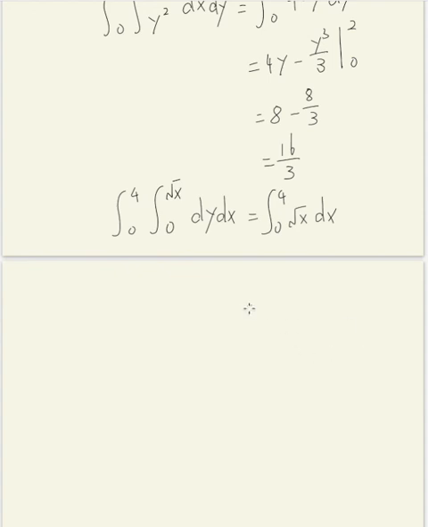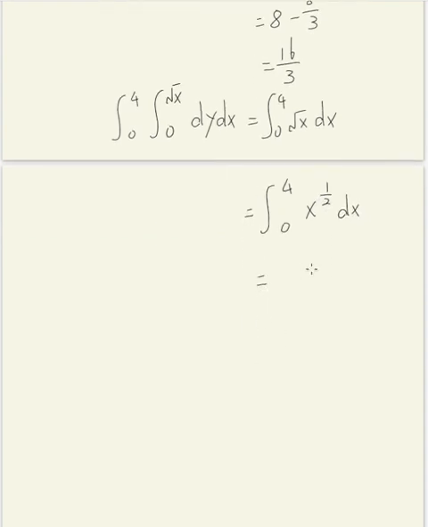But writing square roots as an exponential with the exponent 1 over 2 is really helpful. So it might be beneficial to write this as the integral of x to the 1 over 2 dx. Then the antiderivative is adding 1 to the exponent, which gives 3 over 2, and then dividing by the new exponent. Dividing by 3 over 2 is the same as multiplying by 2 over 3, evaluated from 0 to 4.